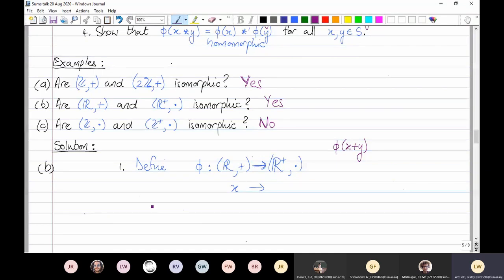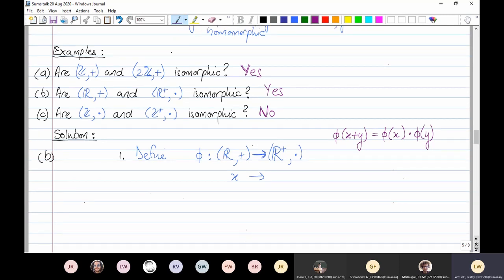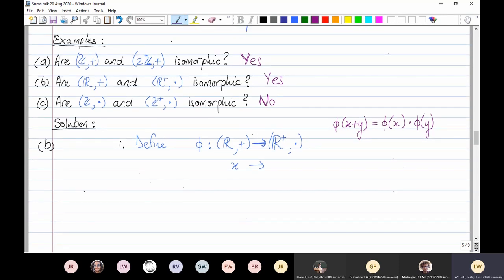If x and y are in the real numbers, then phi of x plus y should be equal to phi of x times phi of y. What function do you remember has that property? That would be any exponential function. So we could choose x to go to e to the x. In other words, phi takes x to e to the x.